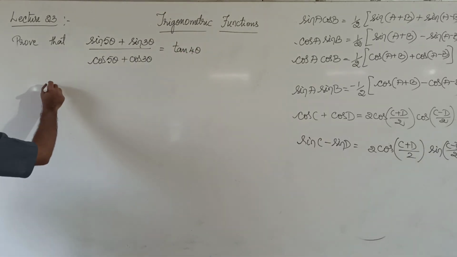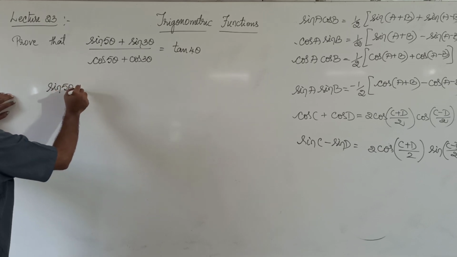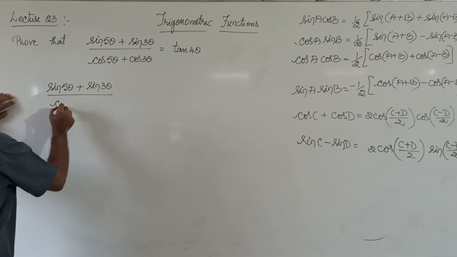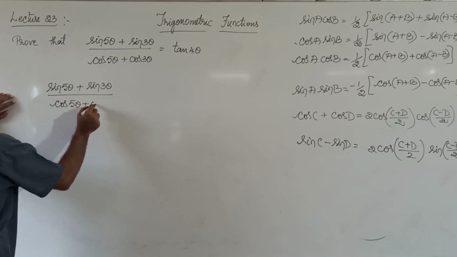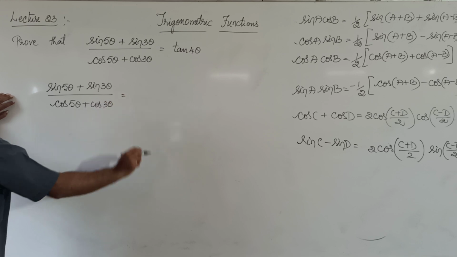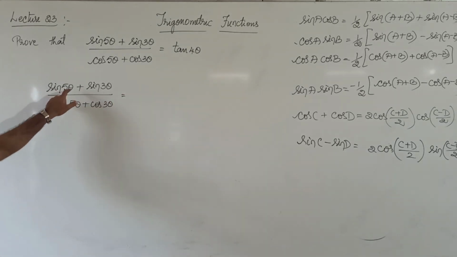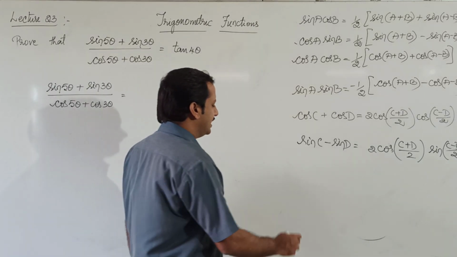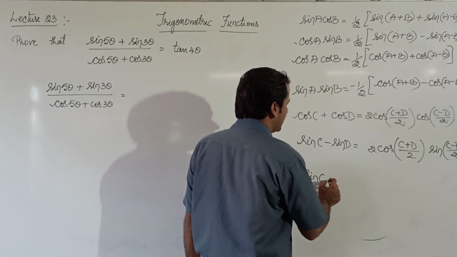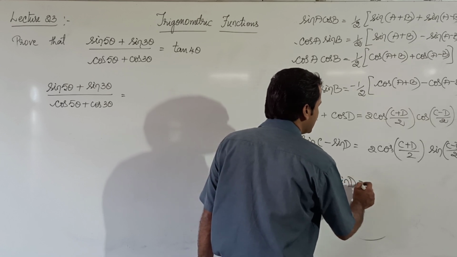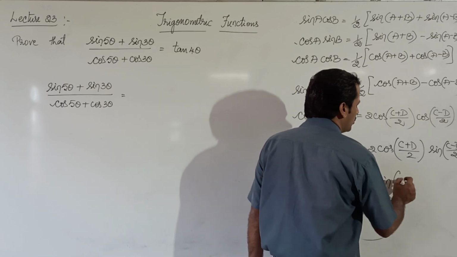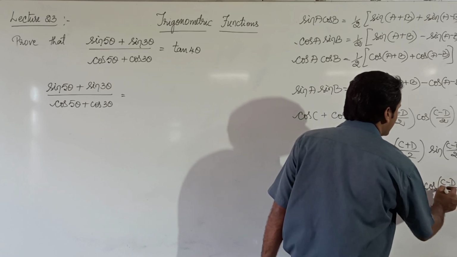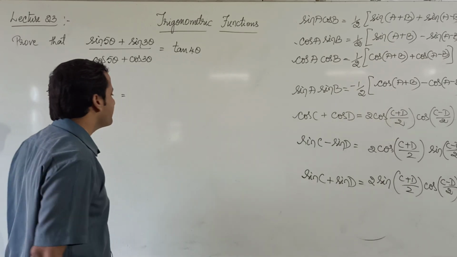So I take this LHS, sin 5 theta plus sin 3 theta divided by cos 5 theta plus cos 3 theta. Here in the numerator, it is of the form sin C plus sin D. What is sin C plus sin D? You know the formula. Sin C plus sin D is equal to 2 sin (C plus D)/2 into cos (C minus D)/2. This formula I use here.